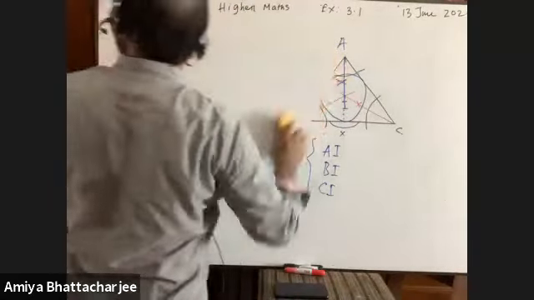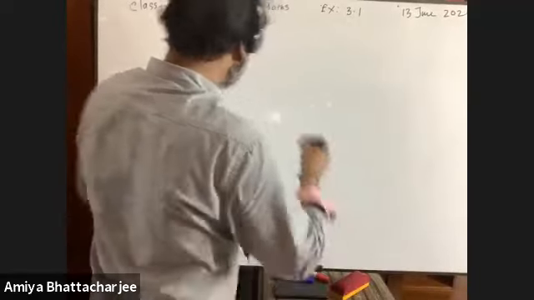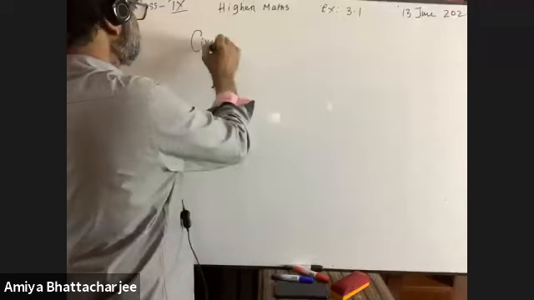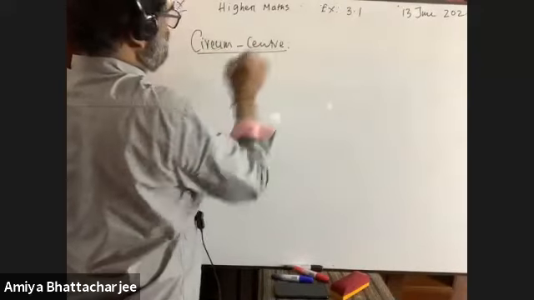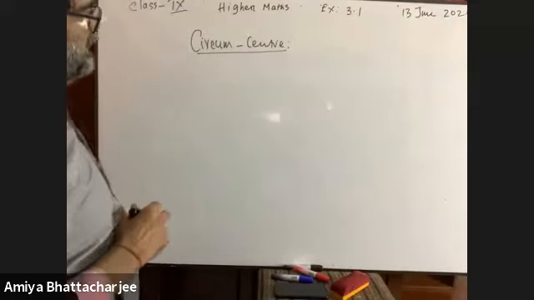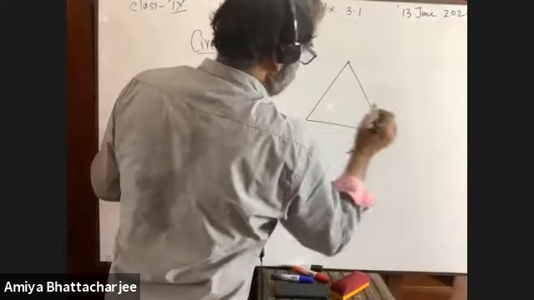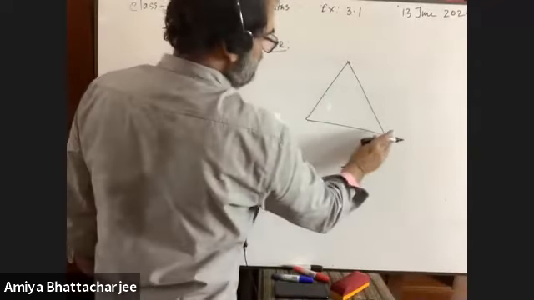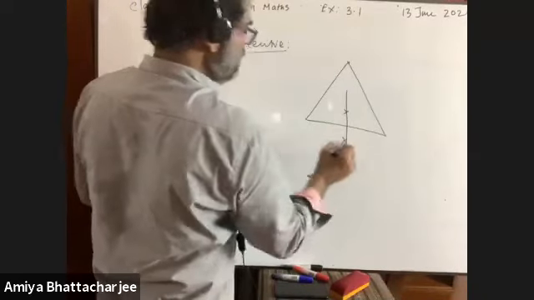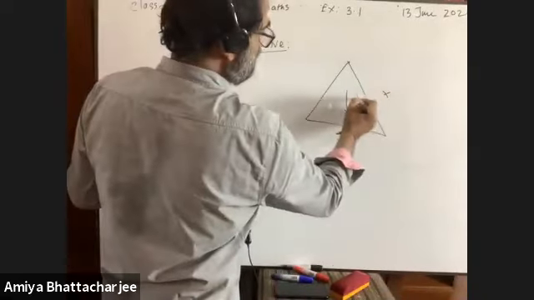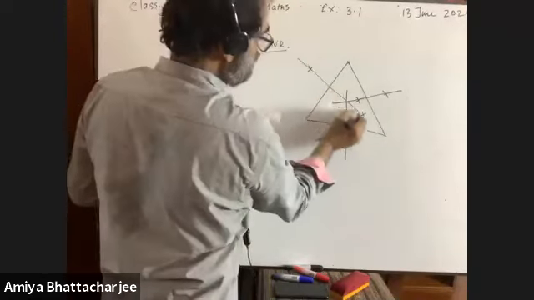Now, what is circumcenter? Who can define it for me? Circumcenter is, you see, suppose it is another triangle. Now, if we draw the bisector of the sides, suppose this is the bisector of the side, this is the bisector of the side, and this is the bisector of the side.